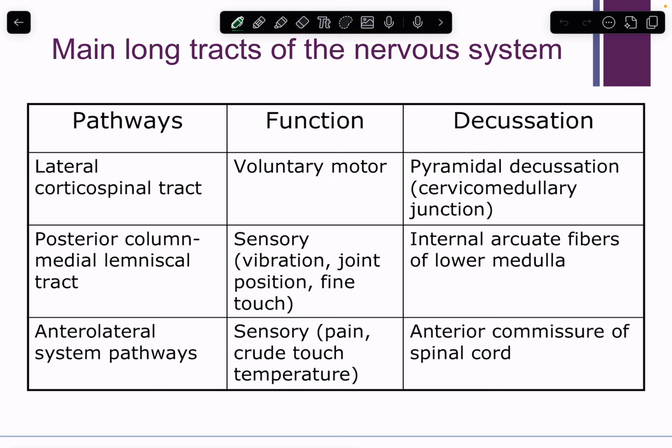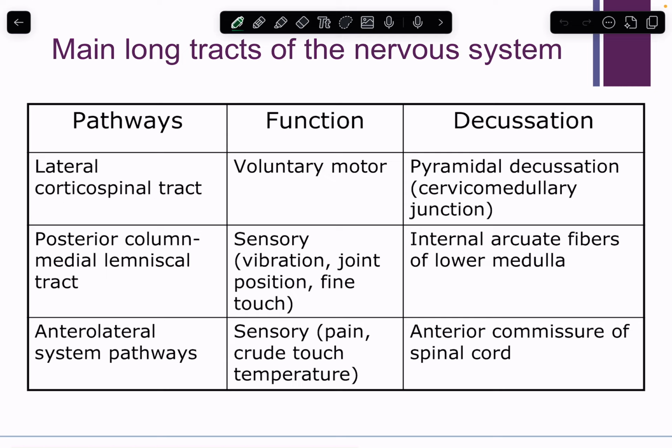So the second pathway is the posterior column medial lemniscal tract. This is responsible for transmitting sensory information. The word posterior, remember that. It's for transmitting sensory information related to fine touch, vibration, proprioception, which is for body position sense, and also pressure.